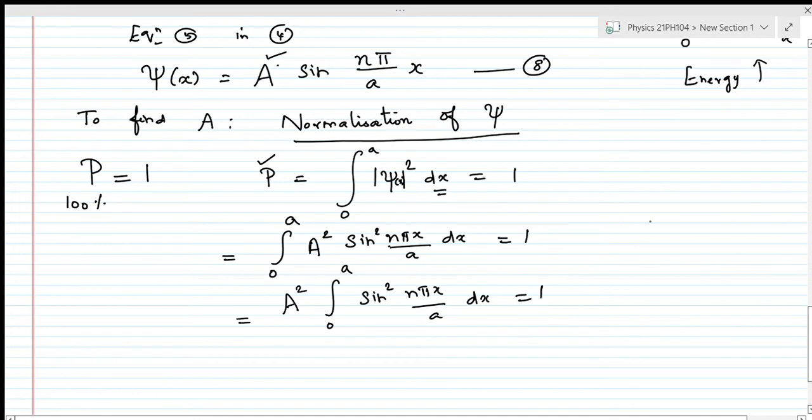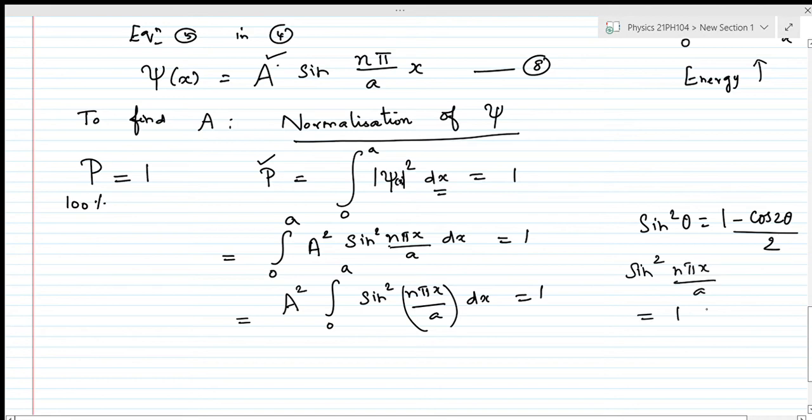We know that sine squared theta is equal to (1 minus cos 2 theta) by 2. You can see this equation here. This is considered as theta. Therefore, sine squared (n pi x by a), I am writing it as (1 minus cos 2 theta) by 2, that is, theta here is n pi x by a.